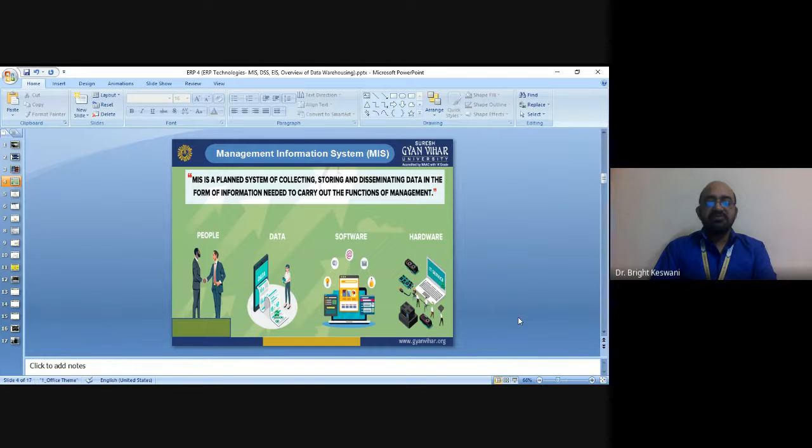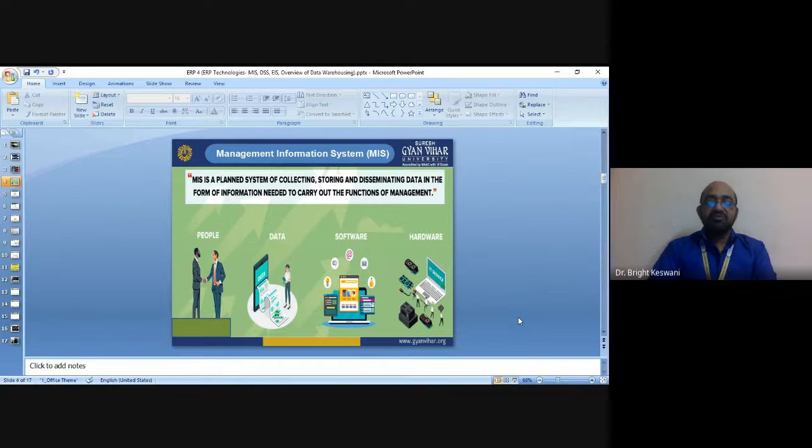A management information system can be evolved for a specific objective if it is evolved after systematic planning and designing. The concept, theories, and practices of the MIS give rise to a single product known as MIS.